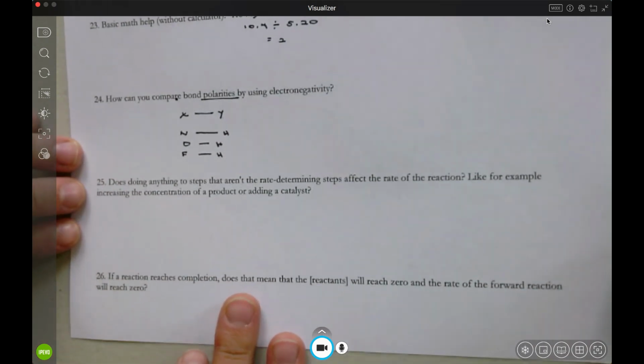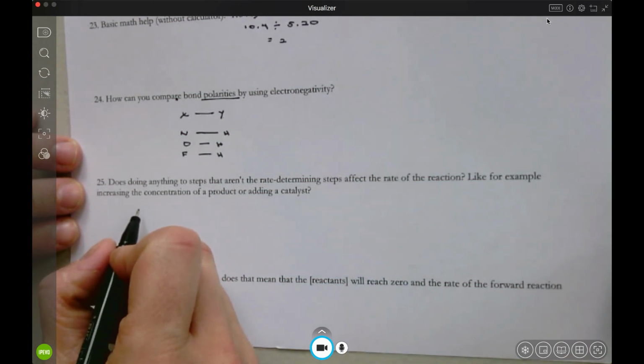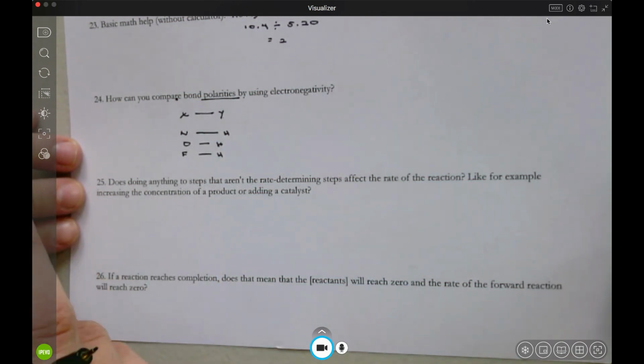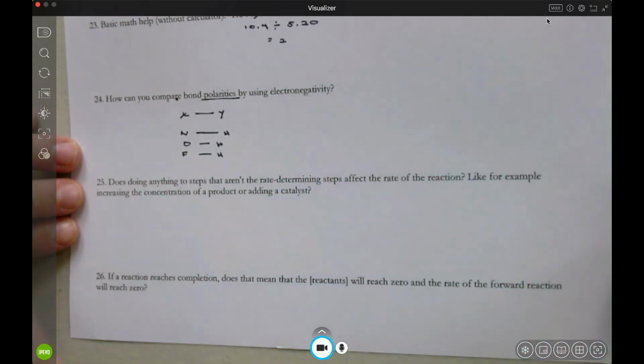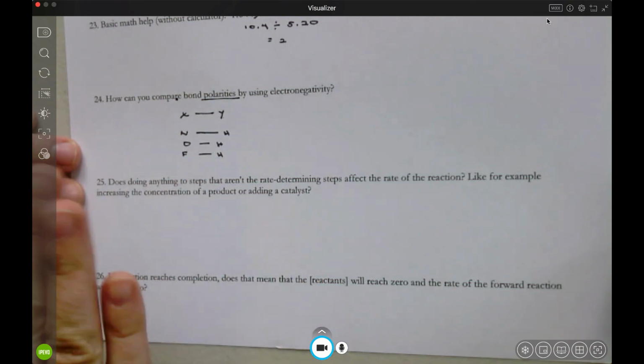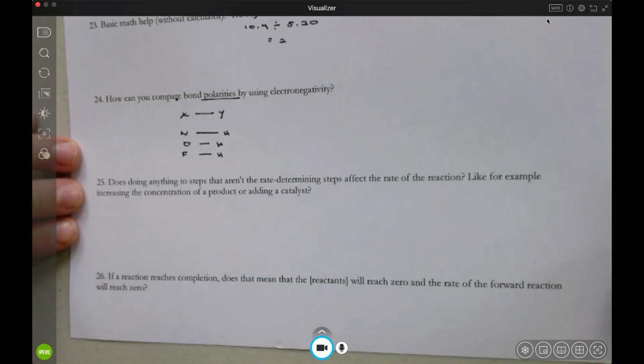Okay. 25. Does doing anything to steps that aren't the rate determining step affect the rate of the reaction? What they were basically saying is, you know how I say you can lower the activation energy. If I add a catalyst and it lowers the activation energy of a slow step, then it's going to make the reaction faster. Yes. If you do anything to a fast step, it will not affect your reaction rate.